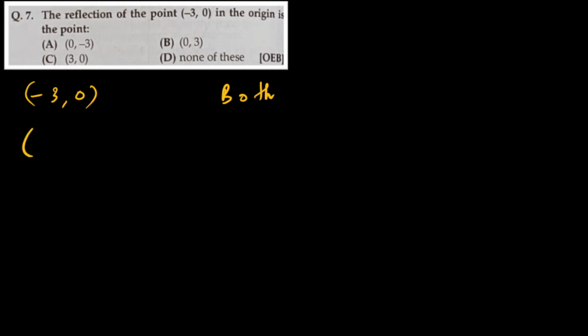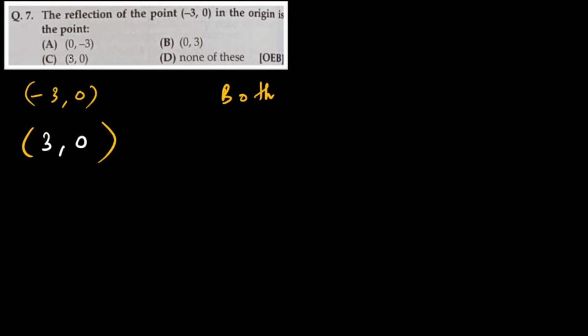If you are changing both, so minus 3 will change to 3 and 0 will change to 0 only, because 0 we write as 0, no negative, no positive. So when we are doing its reflection through origin, both will change. Minus 3 will change to 3 and 0 will change to 0 only. 0 will not be changed. It will be always 0.